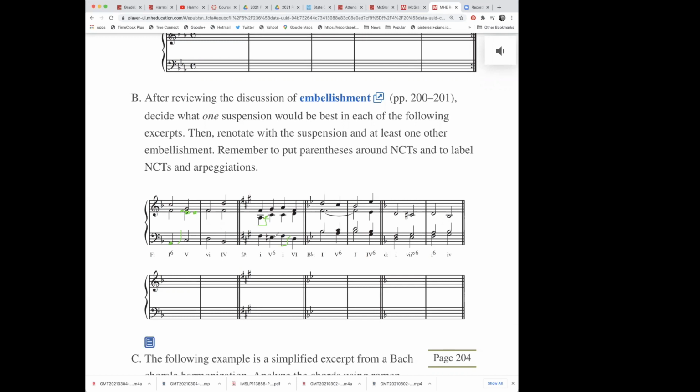Yeah. Does that give us any part writing problems? I'm not sure. Would that be a true suspension though? Or would that be like a retardation or something?